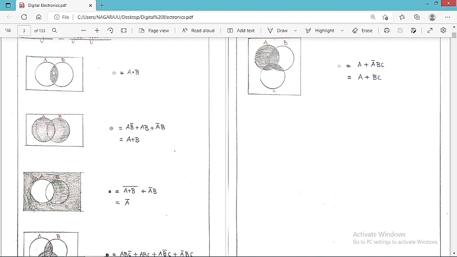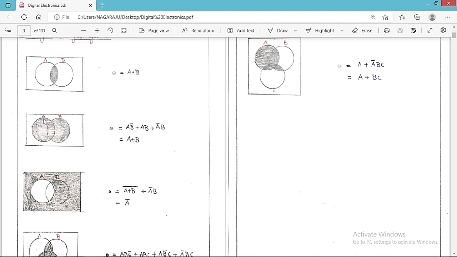Similarly, suppose there is another Venn diagram, A and B, but we want the whole thing. So we must do it like this, listen carefully. This area, not this one, is A dot B bar.